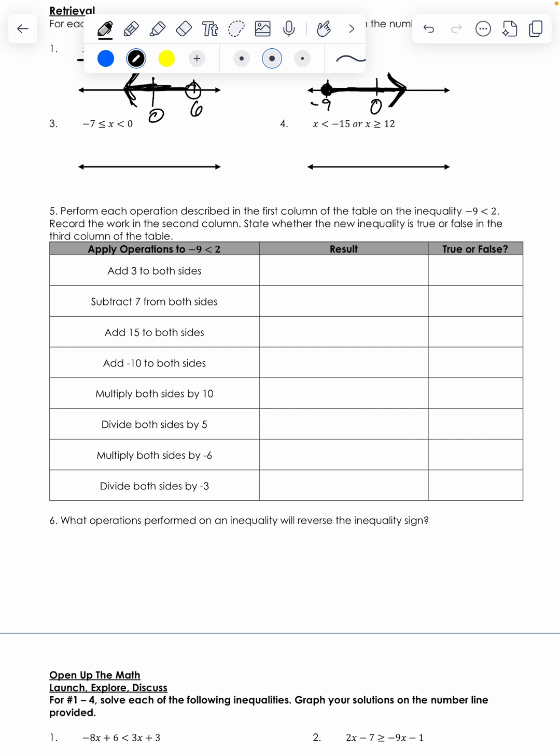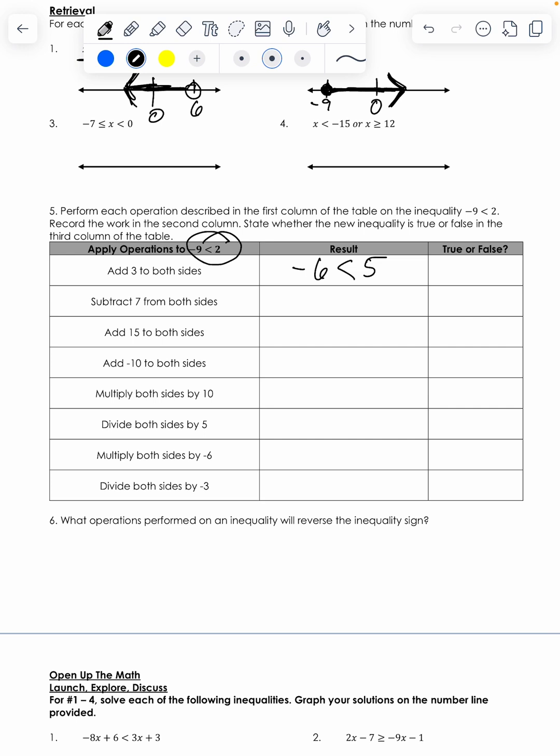So, when we're looking at number 5, we're looking at -9 is less than 2. If we add 3 to both sides, we're not putting our fingers on the scale, we're keeping it balanced, right? It would still be -6 is less than 5.